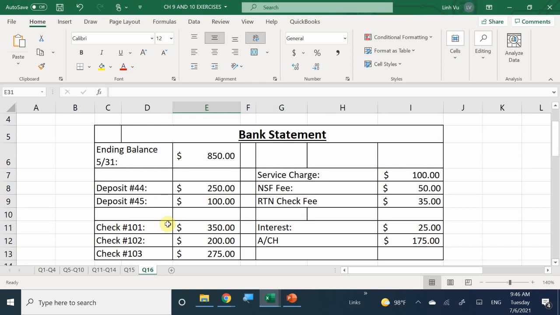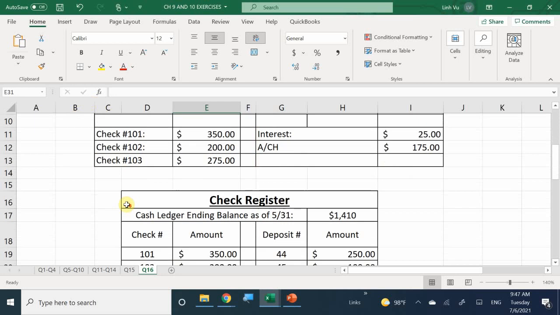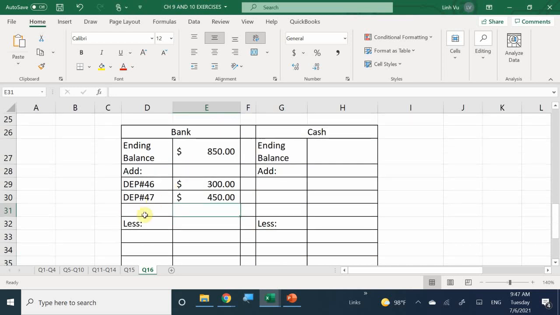It could also process anywhere from 2 to 3 days. So how many checks actually cleared out of the 5 I've written? 3. Only 3. 101, 102, 103. So therefore, my check number 104 is still pending, and my check 105 is still pending. Okay, so $50 and $125.